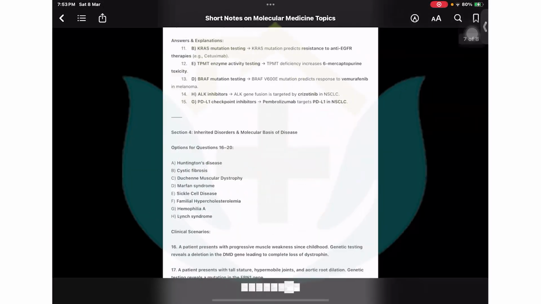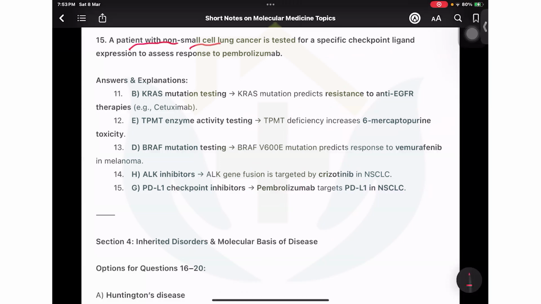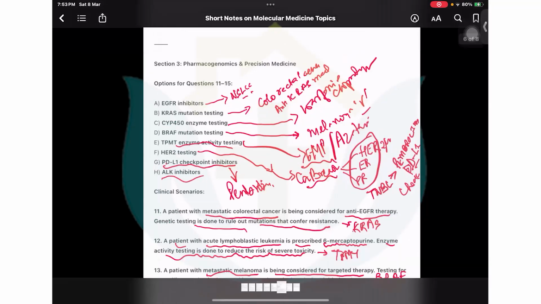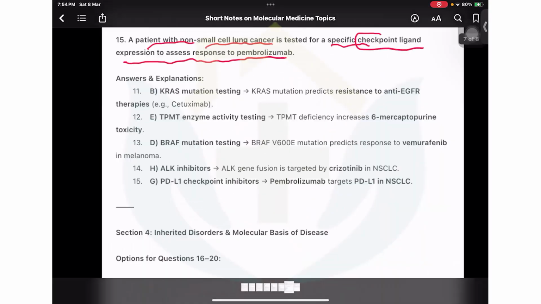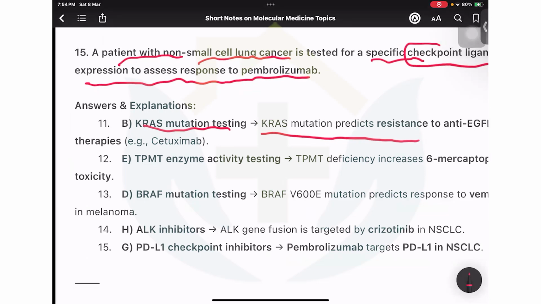This is so much of rectification, no? A patient with non-small cell lung cancer is tested for specific checkpoint ligand expression to assess response to pembrolizumab. Answer is PDL1. So pembrolizumab is used for PDL1. KRAS mutation testing is done for colorectal cancer, anti-EGFR.